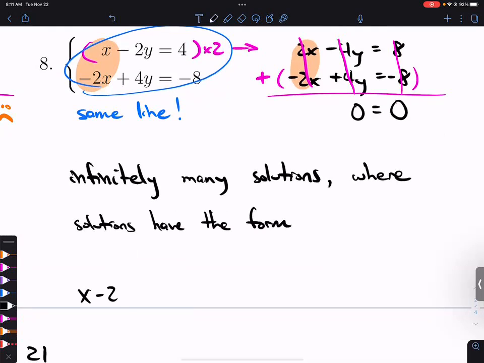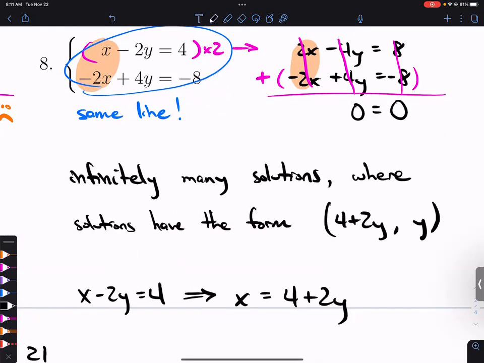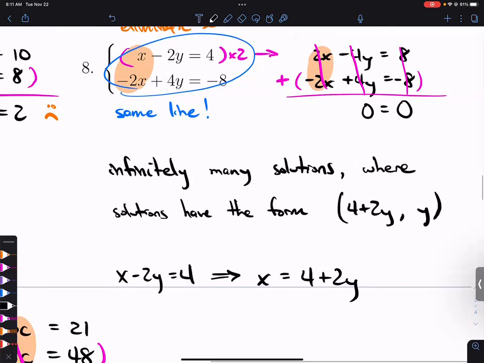So if x minus 2y equals 4, that means that x is 4 plus 2y, right? So I can write all of the solutions like that. Or you could solve it for y.